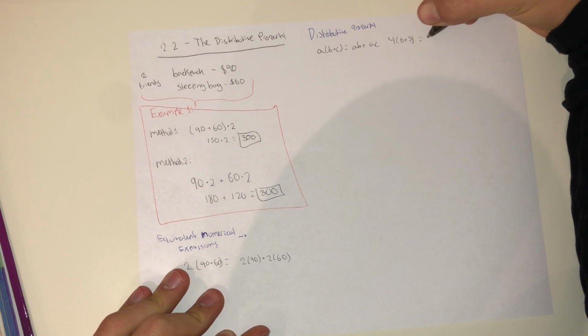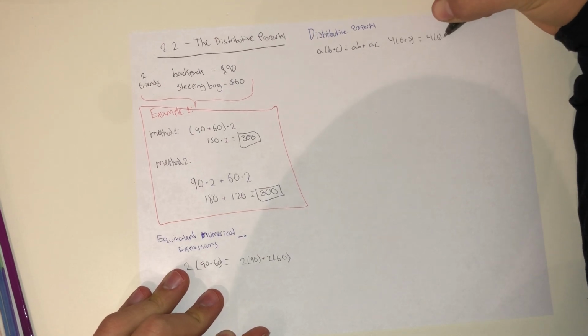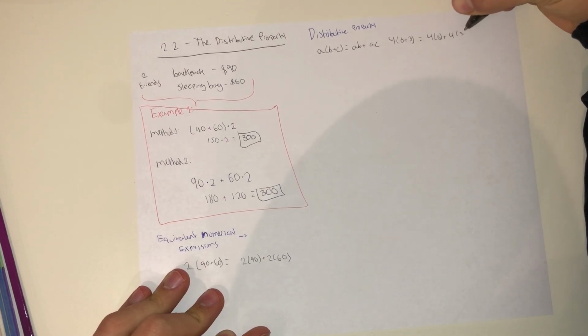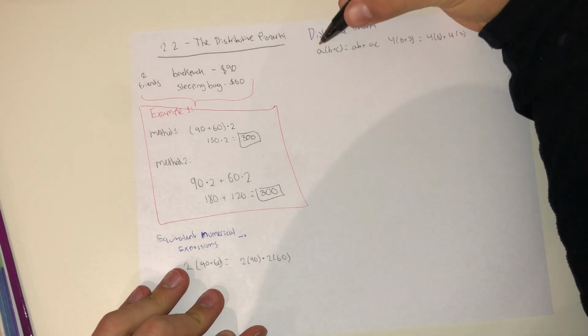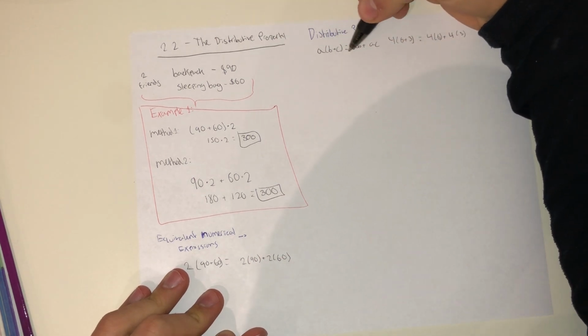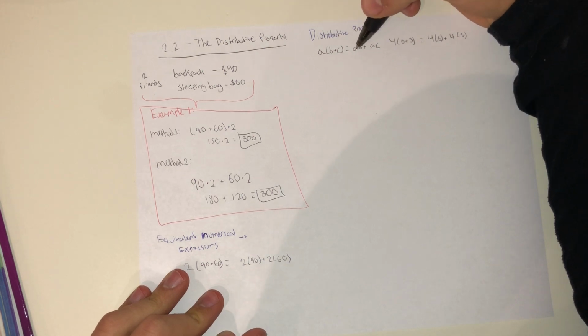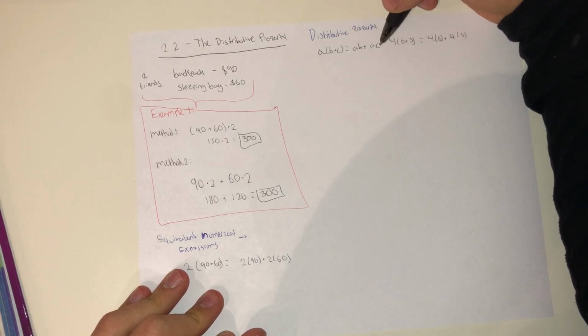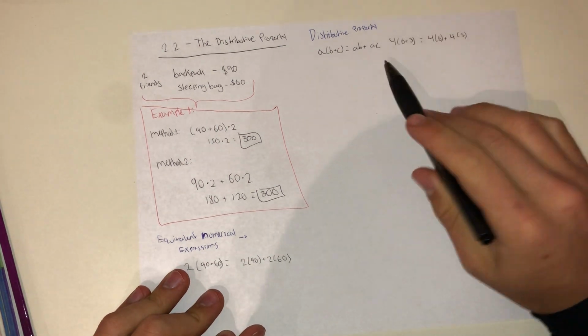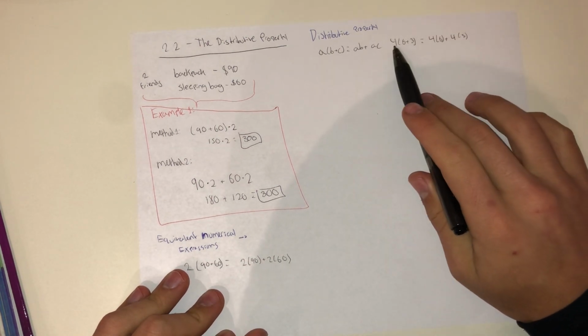It's the same thing as 4 times 6 plus 4 times 3. I like to think of it as, if you have A times B plus C, you do A times B plus A times C. That's how I like to think of it. 4 times 6 plus 4 times 3.